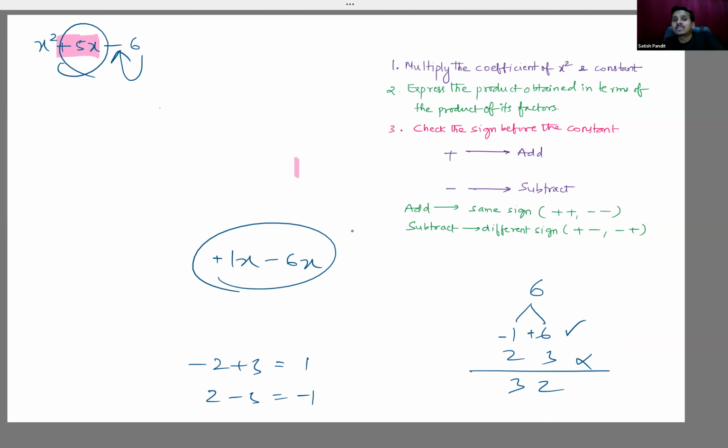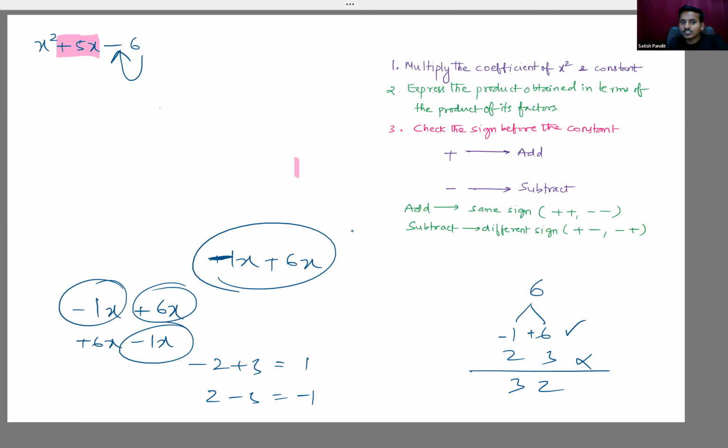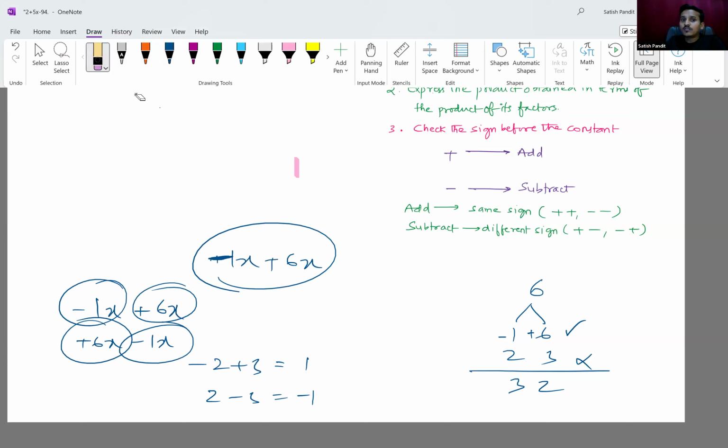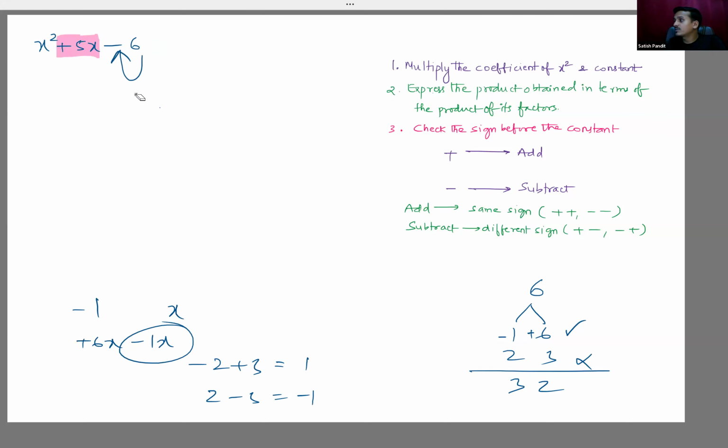But we need plus 5x. That is why the larger number should be positive, and this should be negative. So you can write minus 1x plus 6x, or you can also write plus 6x minus 1x. Both are the same thing, because the signs have not changed, right? Clear? If you understand the initial few questions, other questions will become really, really easy, okay? So focus, focus.